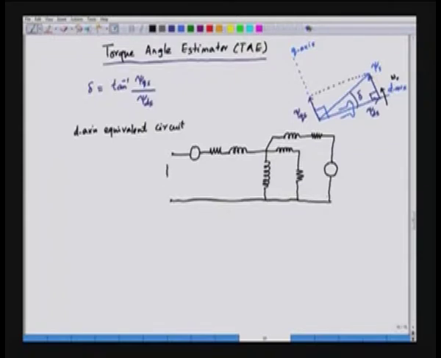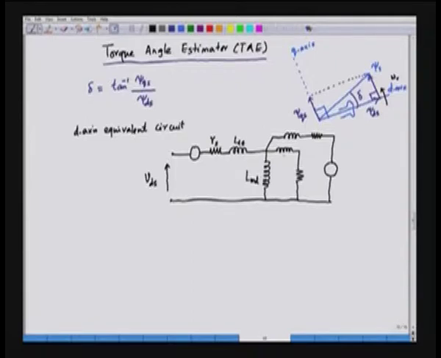So, this is VDS, the applied voltage, and this is the stator resistance, the stator leakage inductance, that is LLS in the D axis, and this is the magnetizing inductance LMD in the D axis.